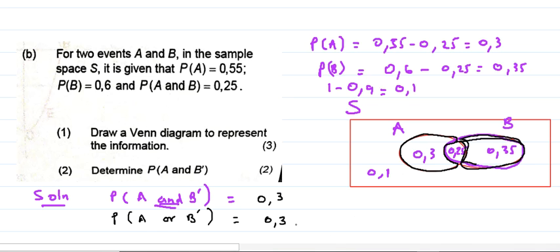So we still have 0.25, and don't forget our sample space, that's here, so it's 0.1, and our total probability for that is 0.65.